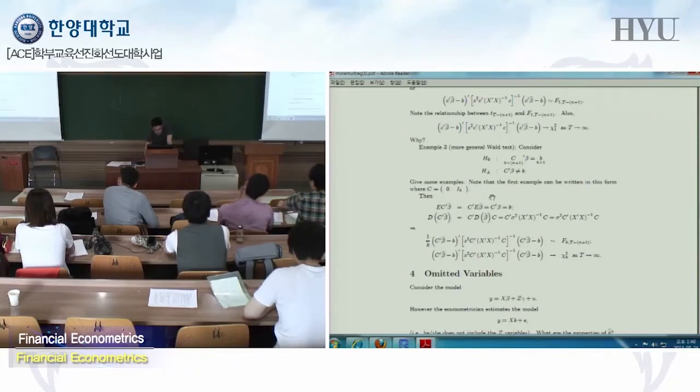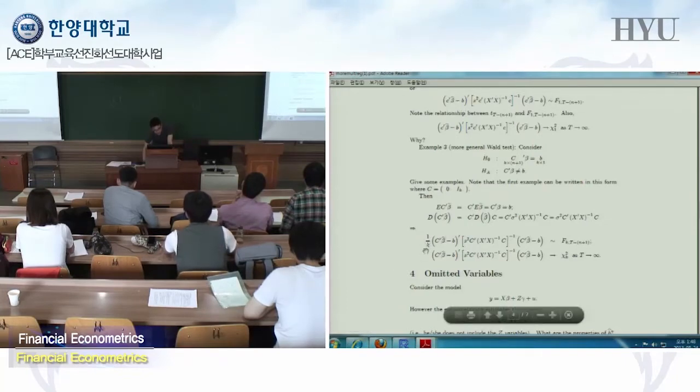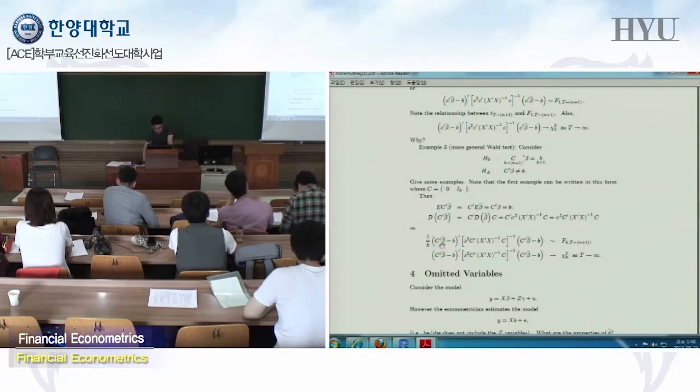All right. Now we can construct the F distribution. It is almost similar to the previous case, but now we have to divide by the degrees of freedom, which is K. K is again the number of restrictions.